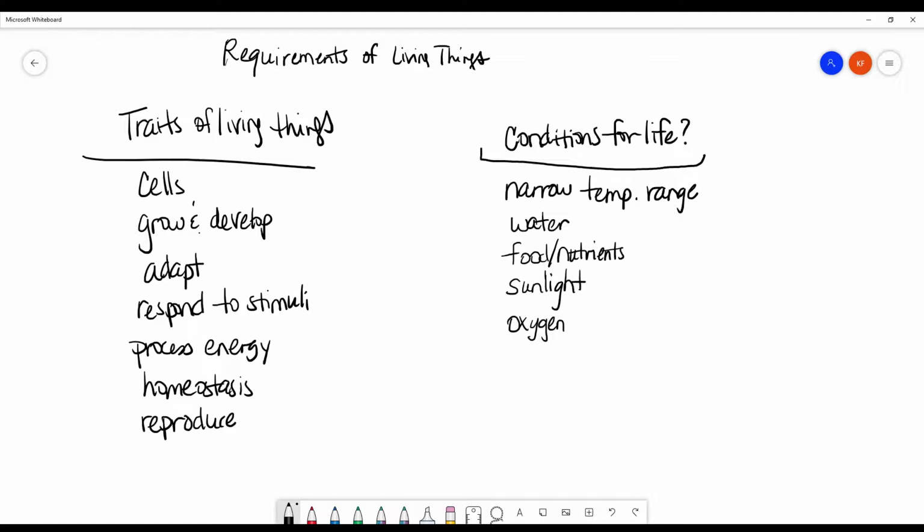Food is the delivery method for these nutrients. We need a kind of neutral pH, so not acidic, not basic. Did you come up with any other things than these? So let's rename this list conditions for familiar life.